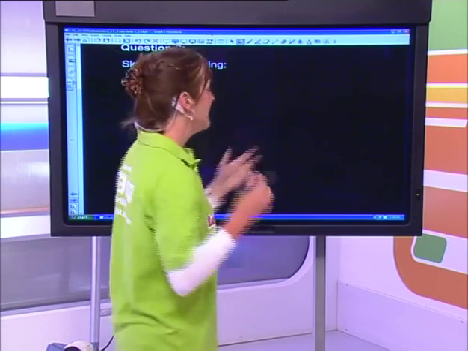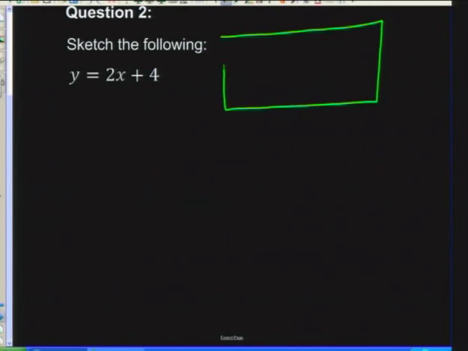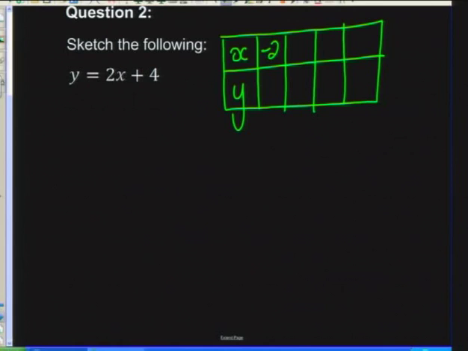Right, the table method is going to go something like this. We're going to have ourselves a table with a couple of blocks in it, and we've got values for x and values for y. I'd give myself a couple of values to work with. You don't need to go too far though, it's not necessary. And what we do is we take each value and we sub it into the equation. The first one would be negative 2 times x.